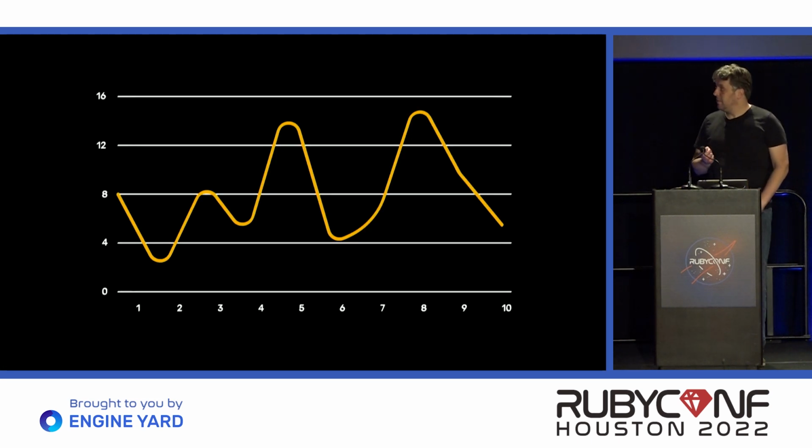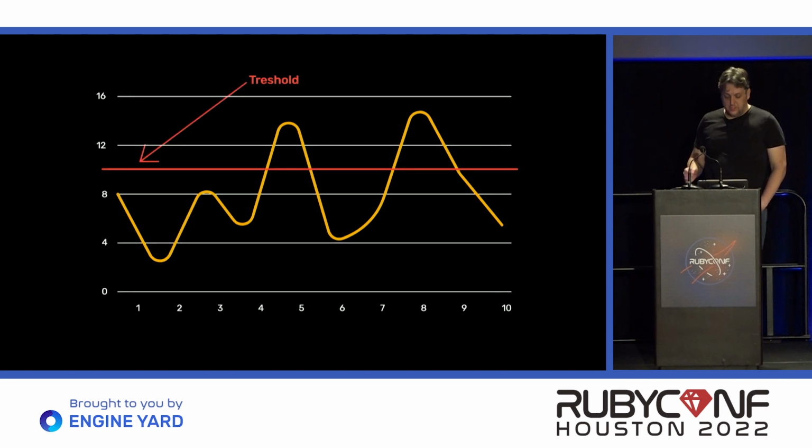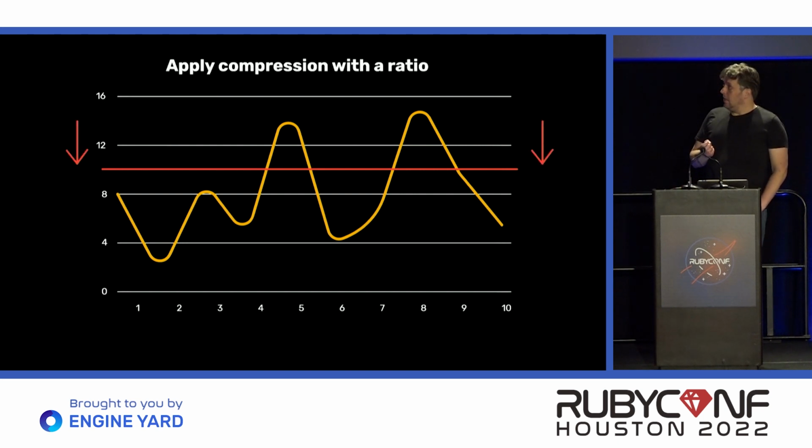So the basic principle is that if we have a waveform like this, we're going to choose a threshold. We're going to pick a point where we think that the peaks that go beyond that point are too loud, and then we're going to make those peaks less loud by bringing down the volume only on those peaks.